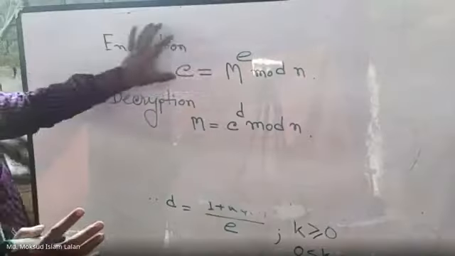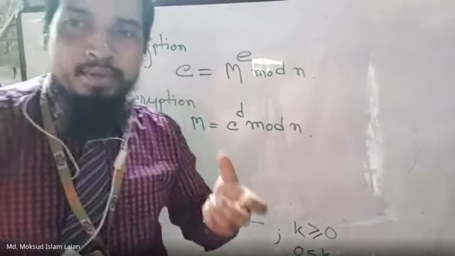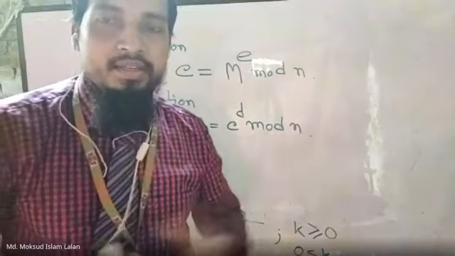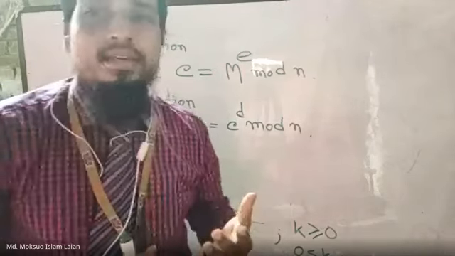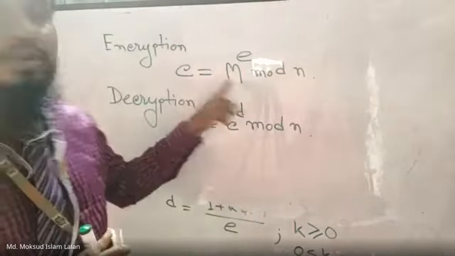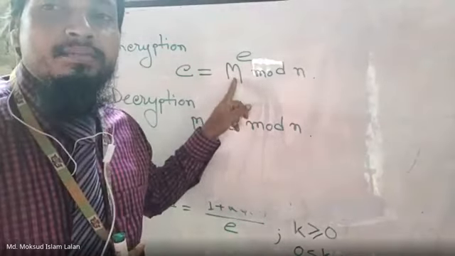So this is the encryption. M is the plain text number that you want to encrypt. If you want to send someone a message, that is M, the message, right? Plain text message. Yes, sir.